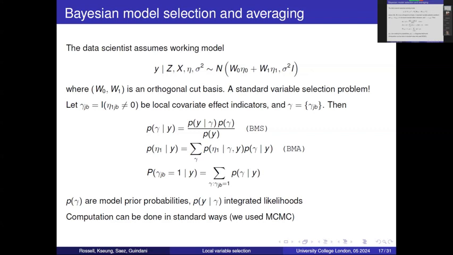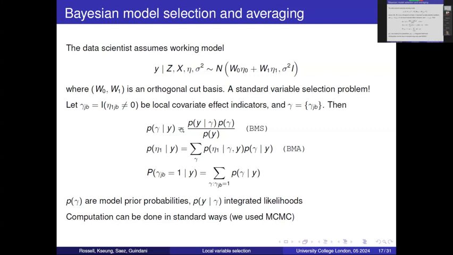So again, I'm assuming this canonical Gaussian model, where the etas are the parameters. To do local variable selection, I want to test for zeros in eta 1, but now this is totally standard variable selection. You could use lasso, whatever you like; we use Bayesian models.